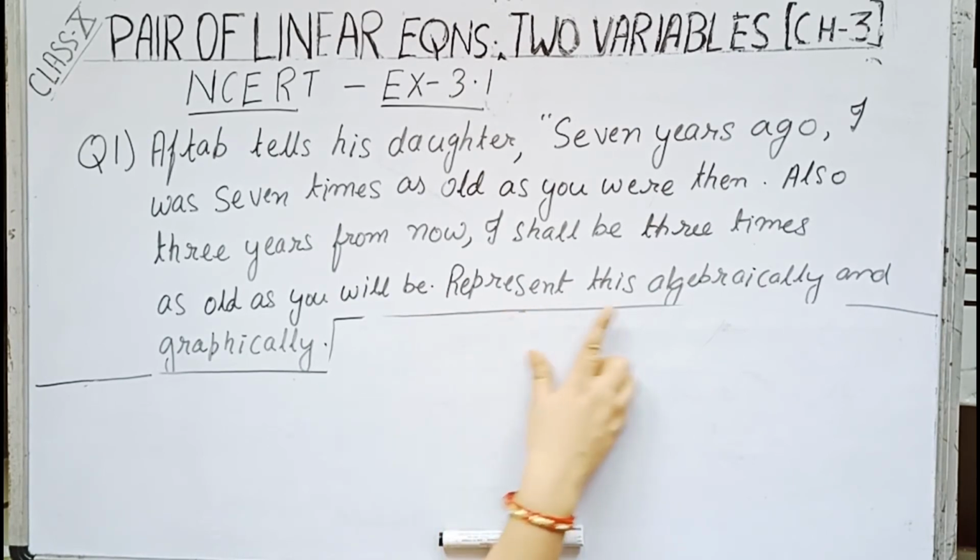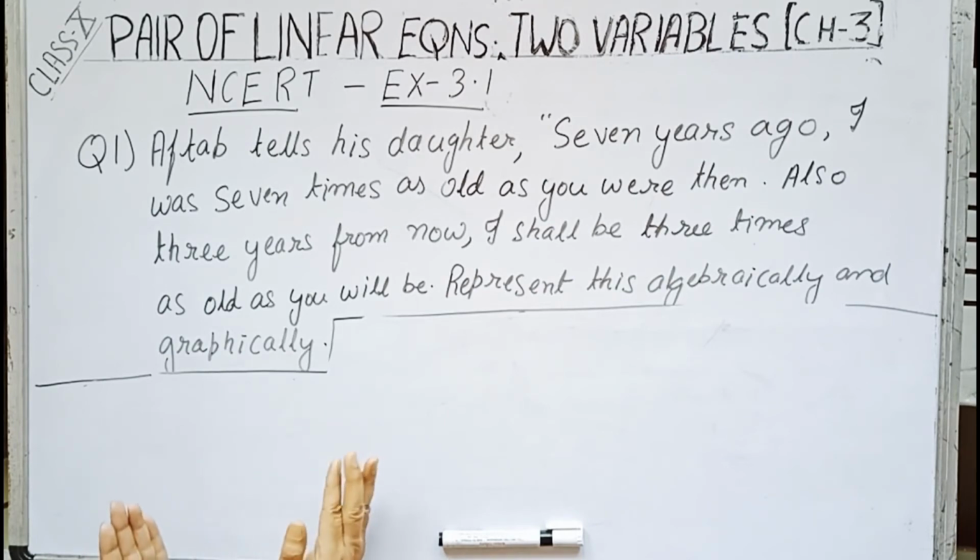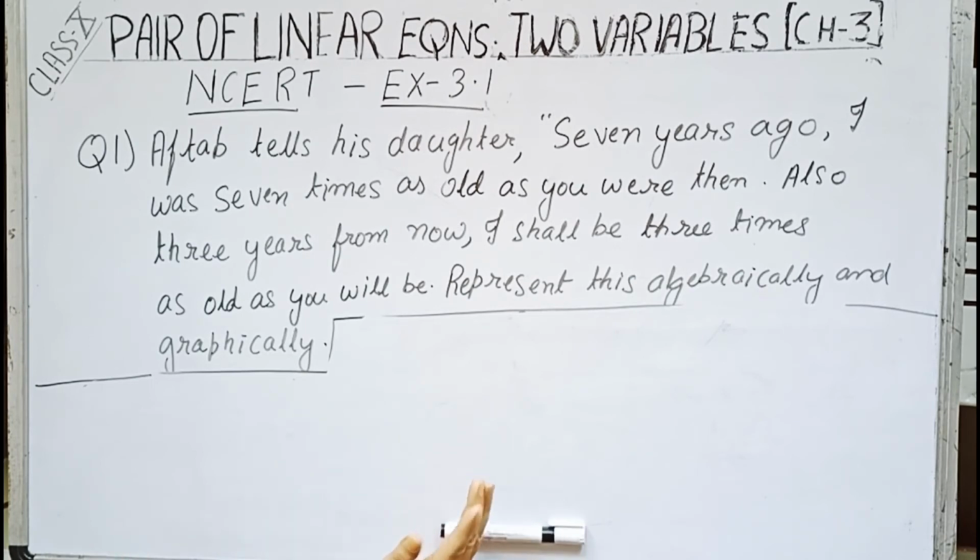Represent this algebraically and graphically. Children, this question can be done as a linear equation in one variable or in two variables, but since we are dealing with the pair of linear equations in two variables, we will do it in two variables.